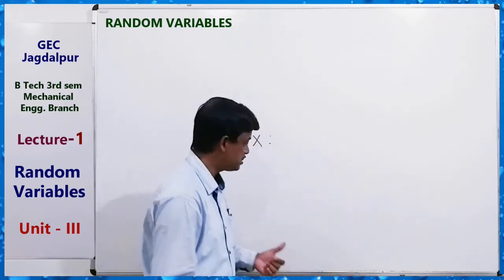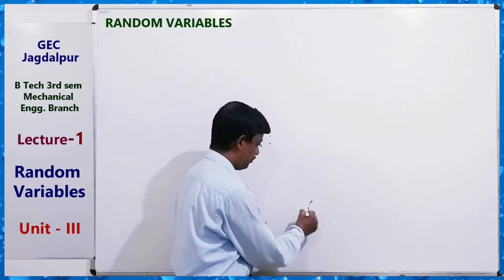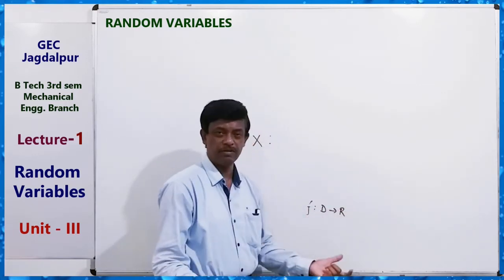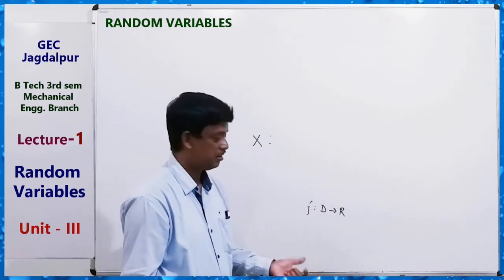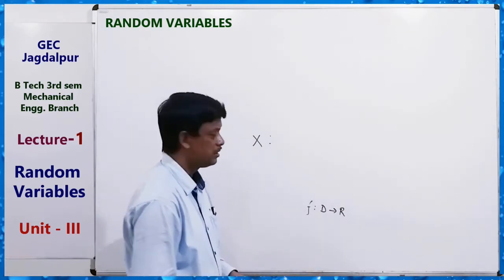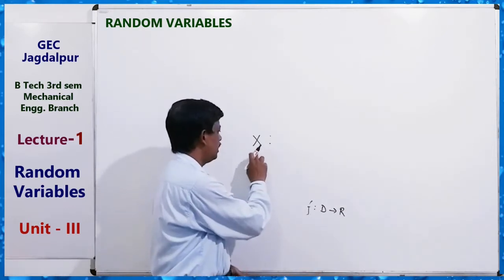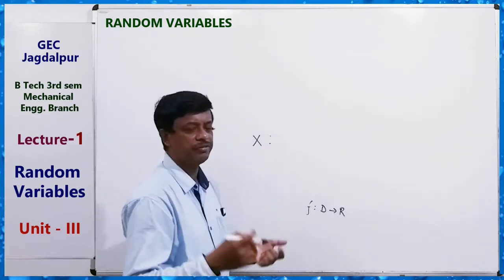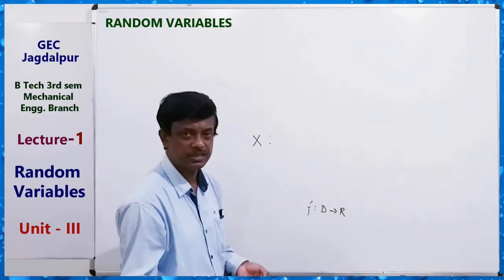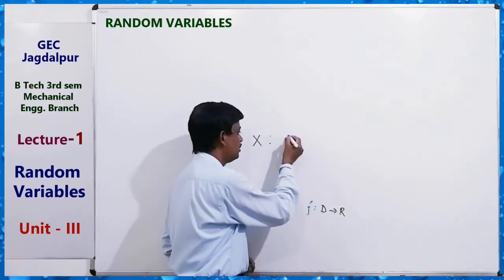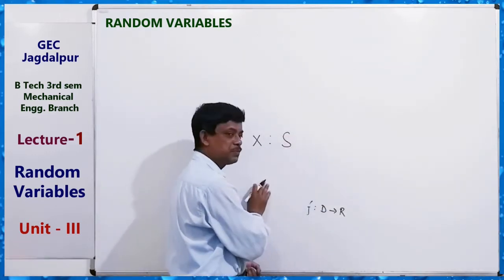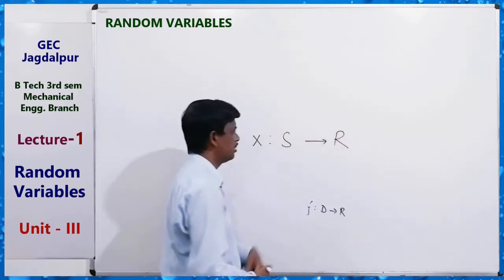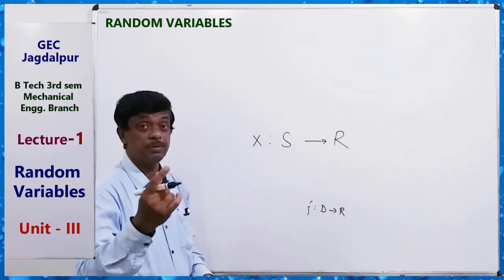Real valued function means f from domain to the set of real numbers. Similarly, a random variable is a real valued function defined from the sample space to the set of real numbers.